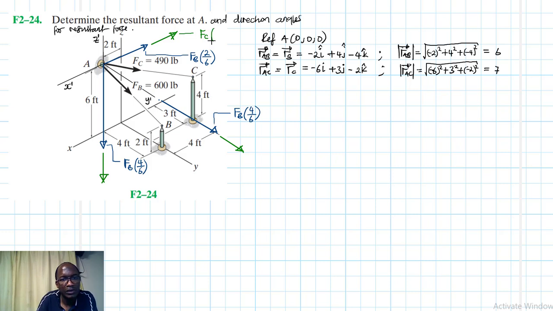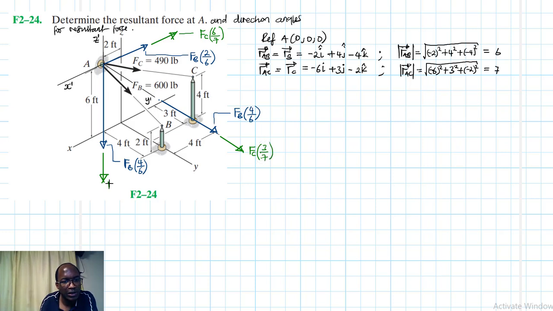Okay, then this one is just equal to FC by what's the run along the x-axis, that is a 2 plus 4, so this is a 6 divided by the magnitude, which is a 7. Alright, and this one is just FC by a 3 divided by a 7.